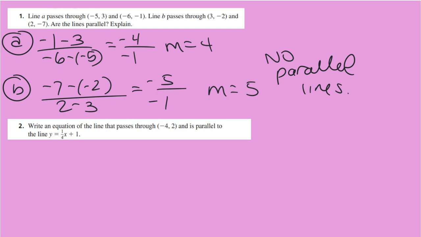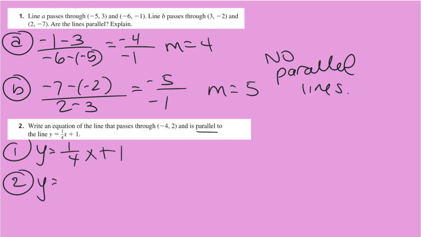On example 2, question 2, write an equation of the line that passes through 4, 2 parallel. So we know my first line is y equals 1/4 x plus 1. My line 2, automatically, I know it's parallel, needs to have the same slope. So it's going to be 1/4 x. Now I need to solve for my y-intercept.